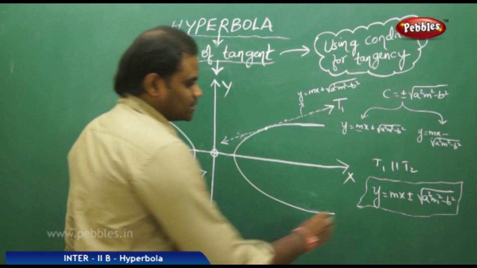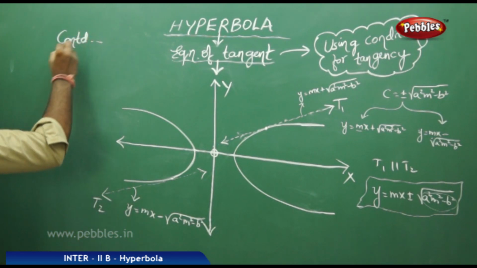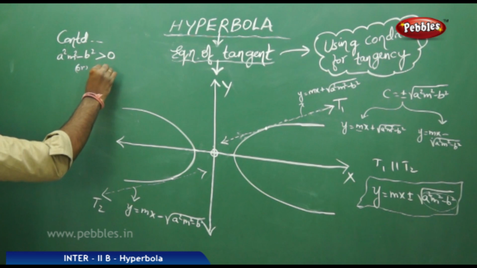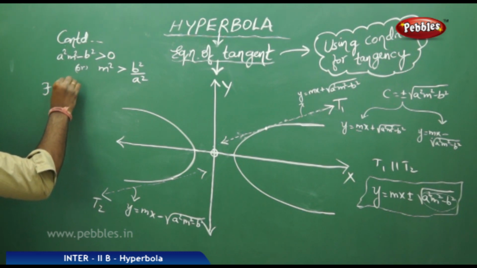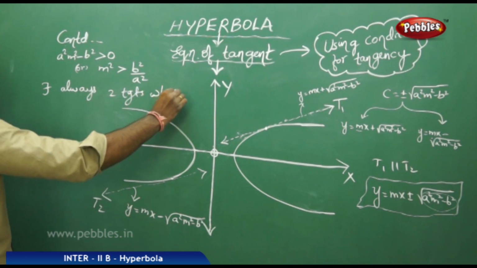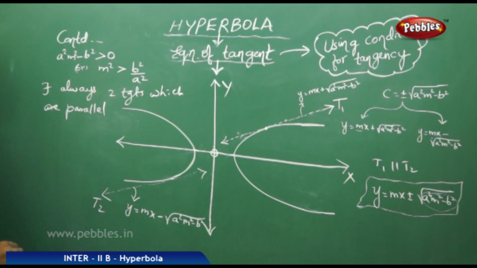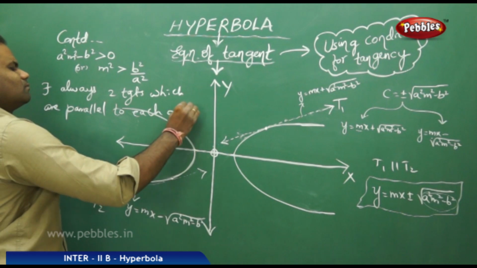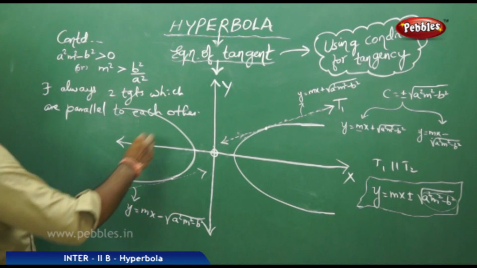Also, as we see that there's something inside the root, continuing, I get a square m square minus b square greater than 0, or m square greater than b square by a square; there always exist two tangents which are parallel to each other.